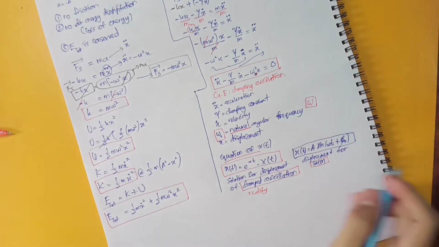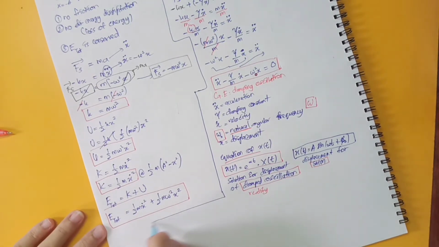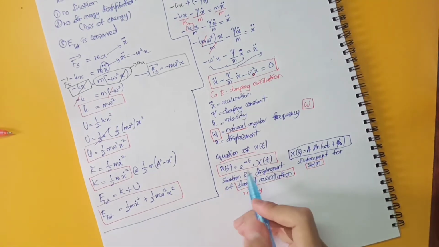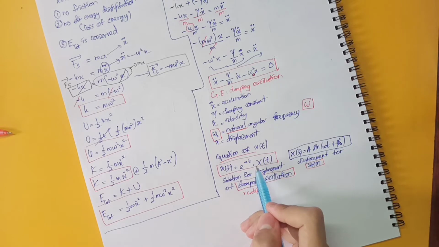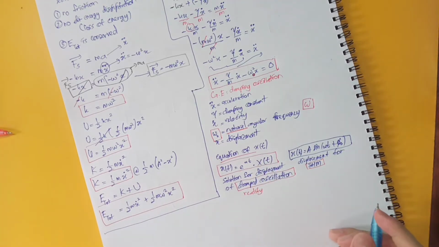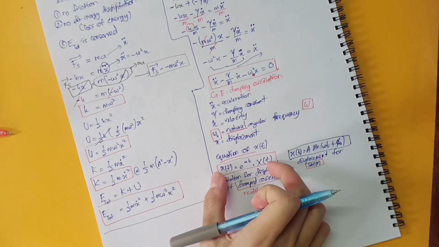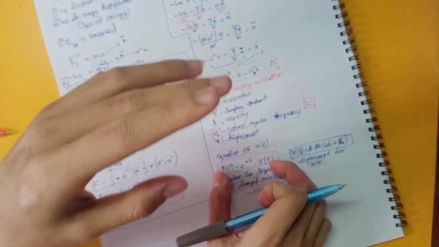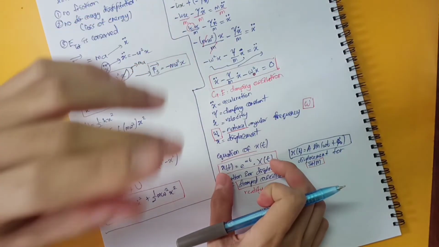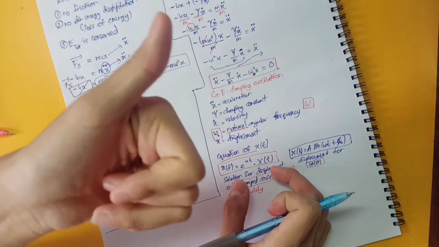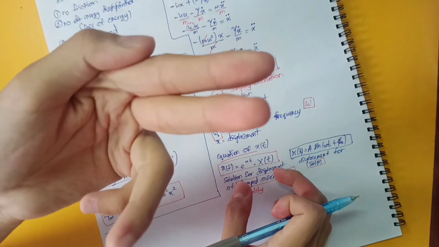Now let's move on to the derivative. We have e to the power of alpha t times capital X(t). Now here's the toughest part. To get this solution, we have to know that when we have the displacement, there are velocity and acceleration, both of these components.